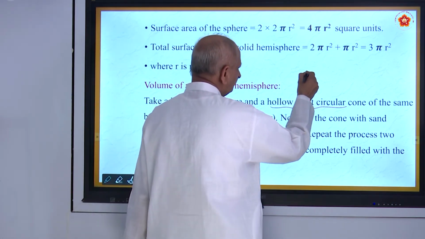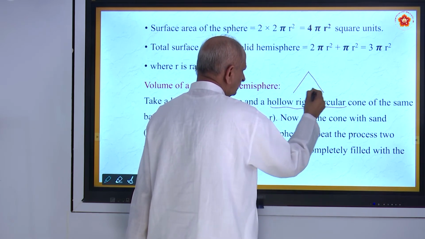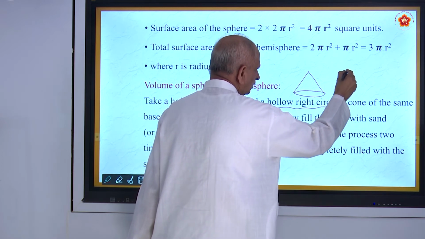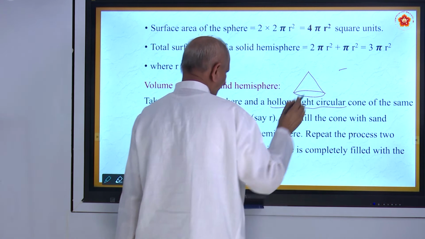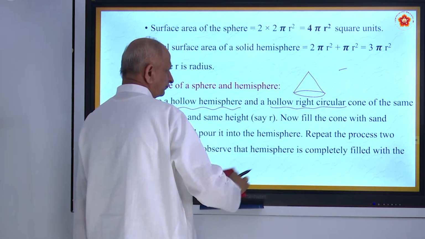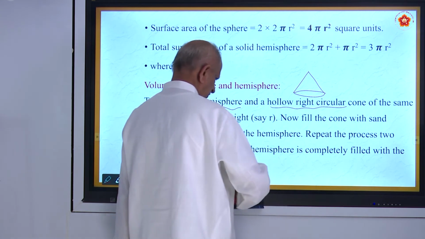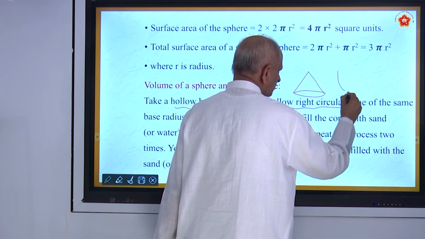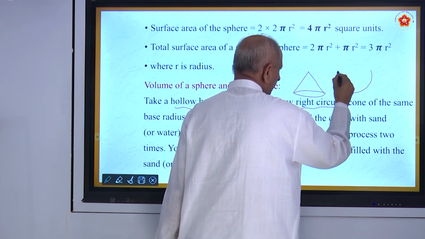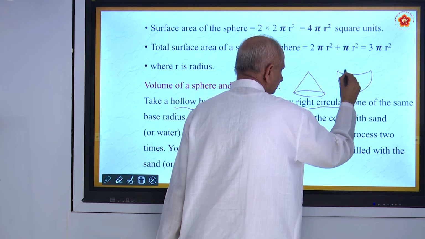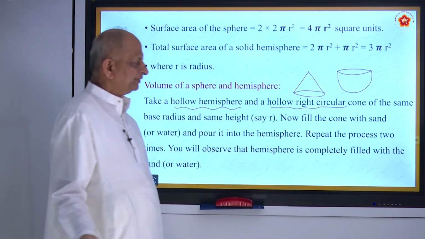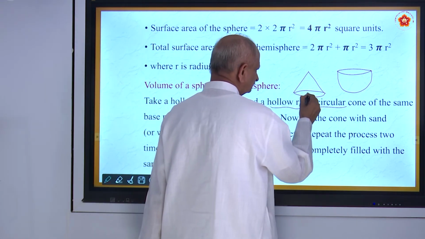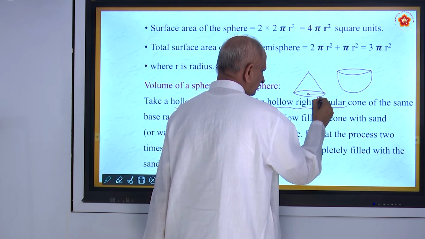So think of, I am drawing a rough figure. Think of a cone and a hemisphere. And when you say cone and hemisphere, they should have the same radius. You can draw it better because you have got compasses. So here the radius must be the same. This is what is called the radius.